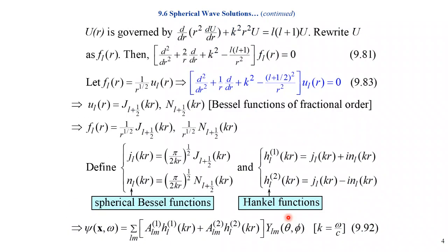Let's move on. We still have the r dependence. The r dependence is not that easy, but still okay, acceptable. Let's write it in this form, equals L times L plus 1 times U. Let's rewrite U again as F_L, because this U will be associated with the value of L. So we can rewrite U as a function F with subindex L. It's a function of r.